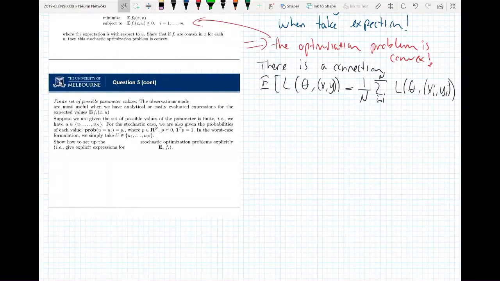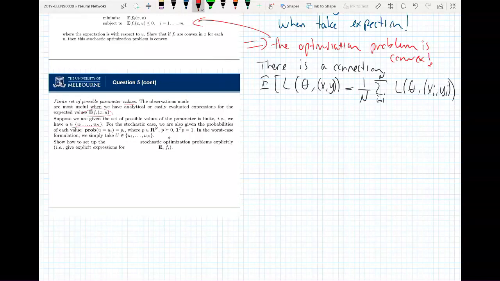So finally, there is a finite set of possible parameter values. Actually, I have already answered this by writing that. So when we have f of x u, we are given that the set of possible values of the parameter is finite. So you see this is like the data set, u1 to uN.